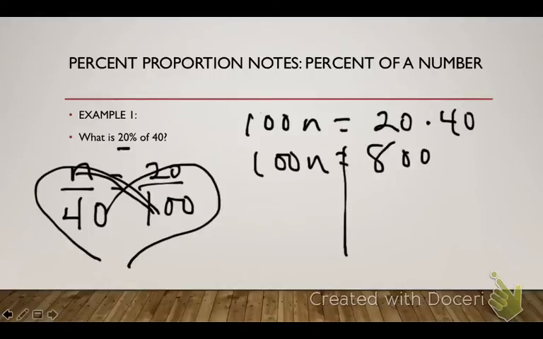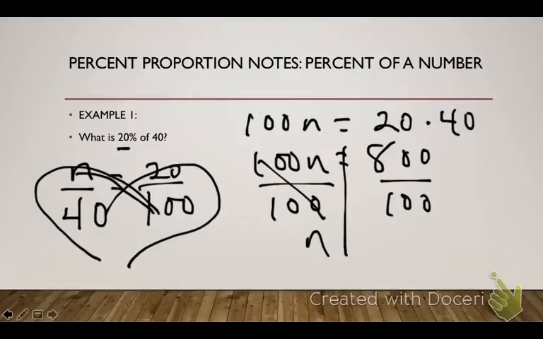Now we're in an equation, so we're going to divide both sides by 100, and I know that n equals 8. 800 divided by 100 is 8. So I know that 20% of 40 is 8.